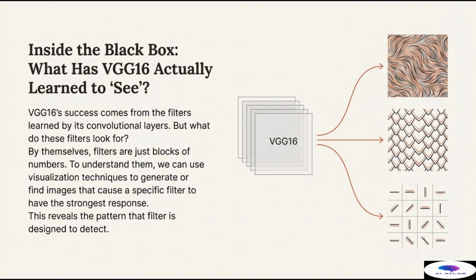Essentially, we are asking the filter, what image do you look for? By synthesizing this ideal image, we reveal the underlying pattern, texture, or shape that the filter has been designed to detect. This technique provides us with a visual representation of the features the network has intrinsically learned at various levels of abstraction, allowing us to map the entire hierarchy of visual understanding from simple lines to complex objects.